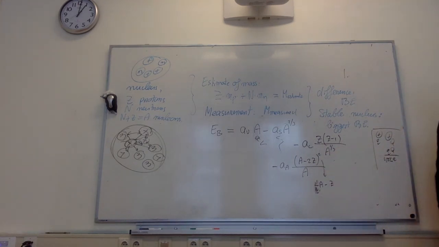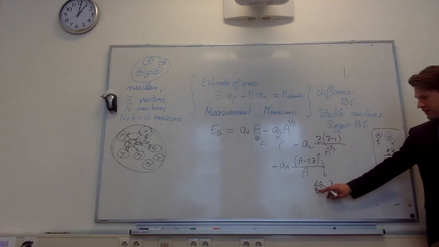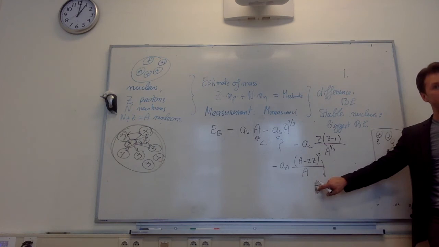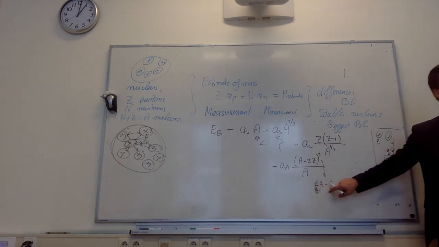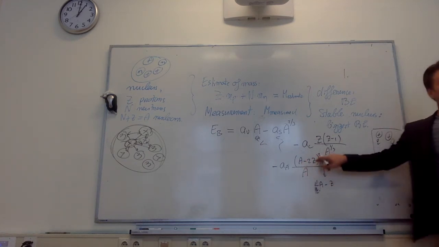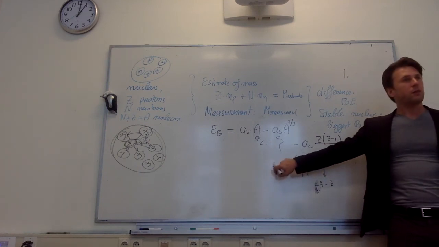If the protons and neutrons are the same number, then 1/2 A will just give you the number of neutrons. A is the number of protons and neutrons put together. If they are the same number, 1/2 of A is the amount of neutrons, minus the amount of protons. The more this is close to 0, the more stable it is. That's what's written here. If it's not close to 0, the binding energy becomes less.